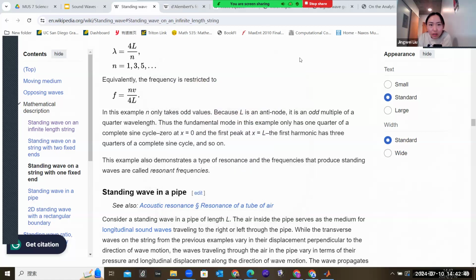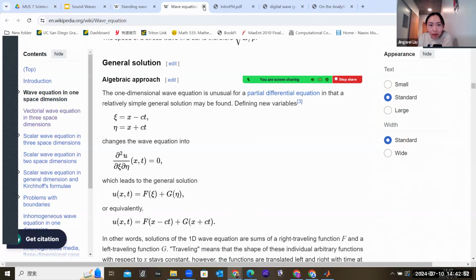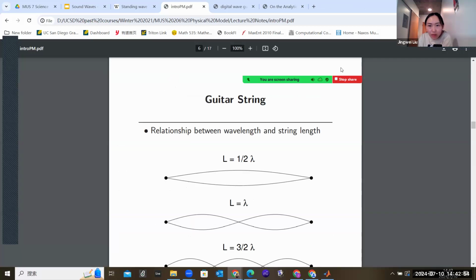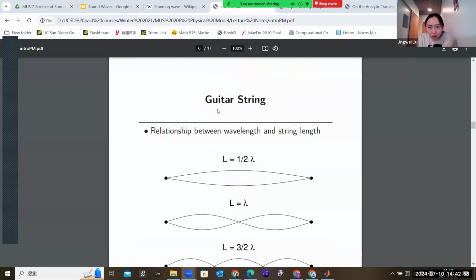Because here it doesn't have more of this, let me go to here. Okay. So again, this is the string model. Guitar string, or a string with 2 fixed ends. So it's mostly seen in almost all the string instruments. Okay, guitar. And what else?